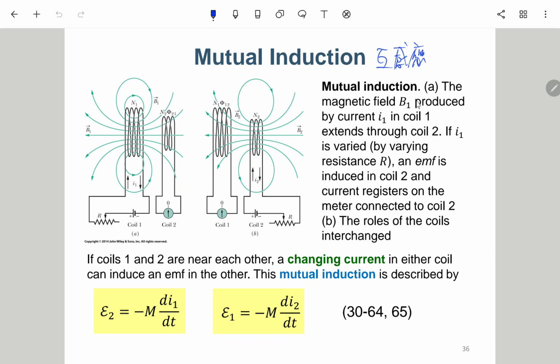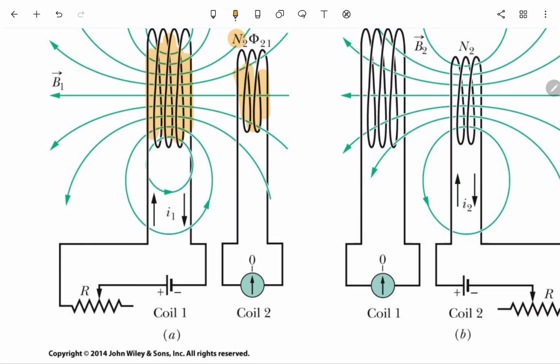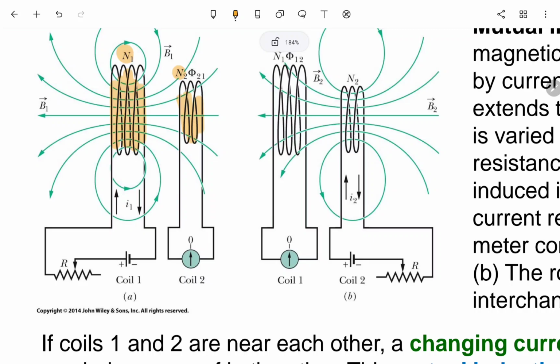Here the idea is that the B field B1 produced by I1 in coil 1 extends through coil 2. Suppose we have two coils. The first coil has N1 turns, and the second coil has N2 turns. For coil 1, we connect it to a battery with a tunable resistance so that we can control I1 here.